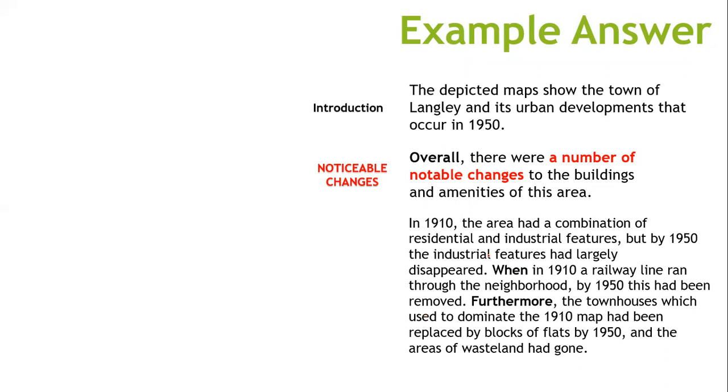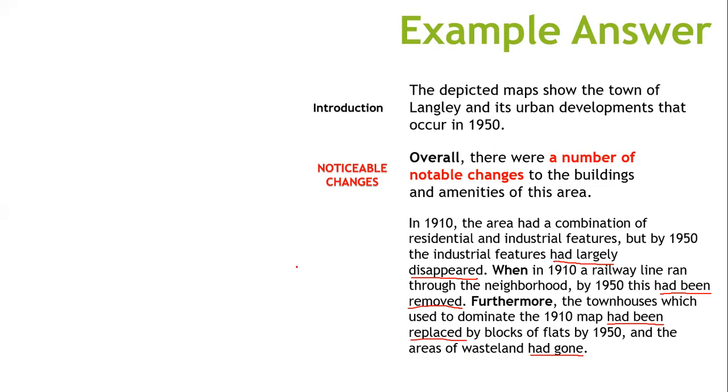So by the way, guys, for writing task 1 map, take note of the past perfect tense, right? Had largely disappeared, had been removed, okay, and had been replaced, all right, and had gone, all right?